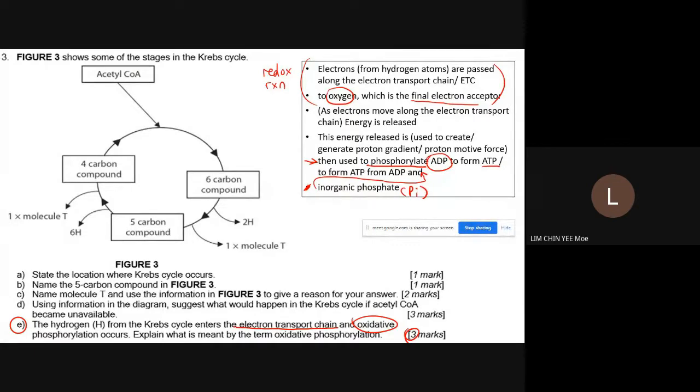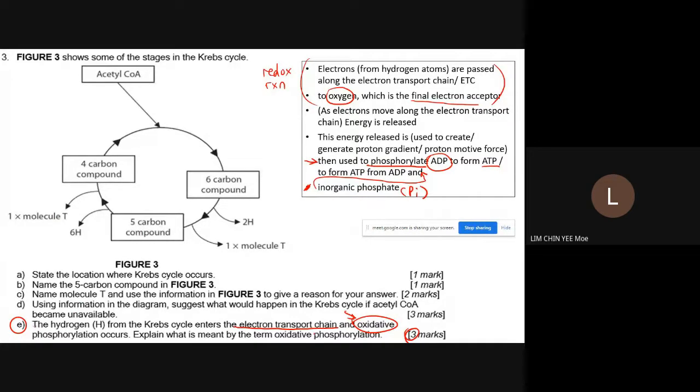Ini je, 3 markah. You will summarize all the points in ETC and chemiosmosis into 3 marks. First, jawab dulu apa itu oxidative. So terangkan ada redox reaction semasa ETC. That's what we say here. And what about phosphorylation part?